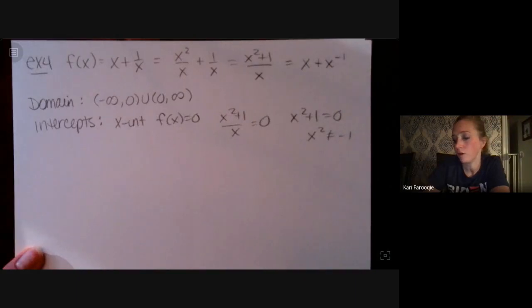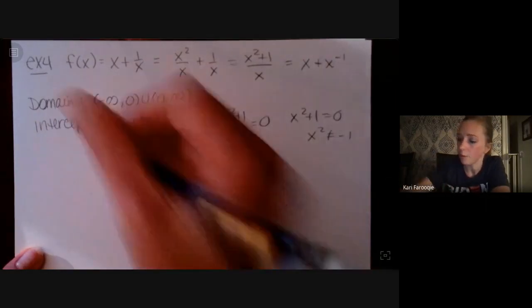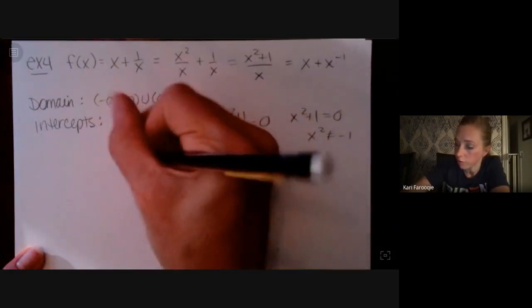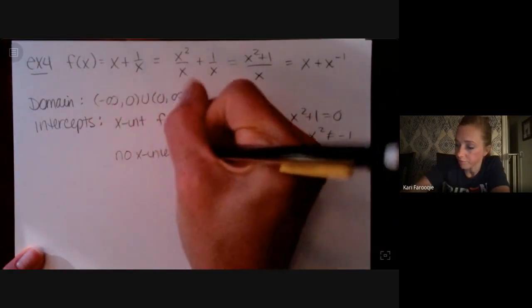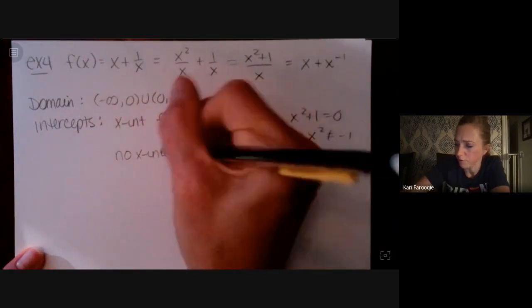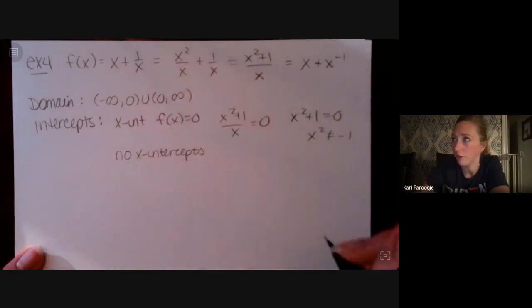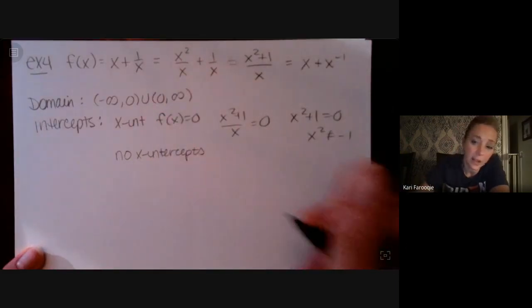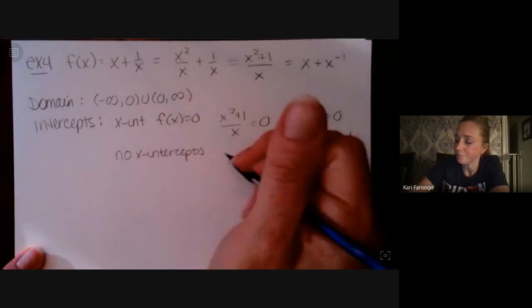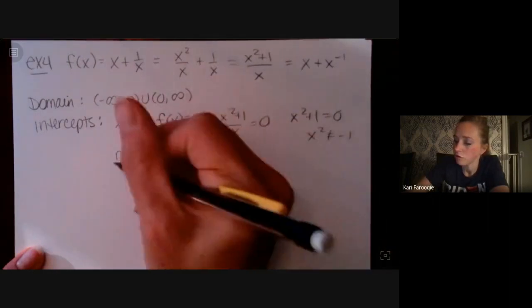So you actually don't have any x-intercepts. This is the first time we've come across an example like that. So you would have no x-intercepts. And now you're wondering, what the heck is this function going to look like? How odd. It happens with rational functions.